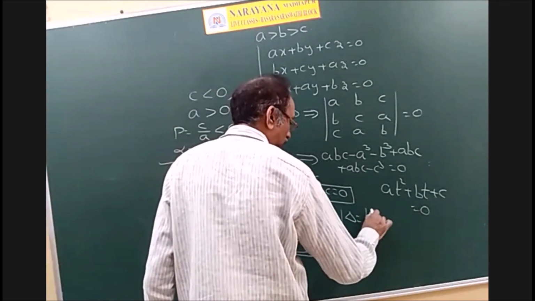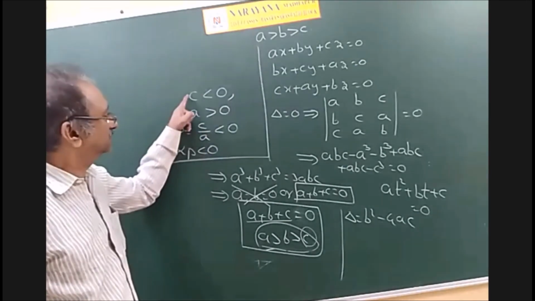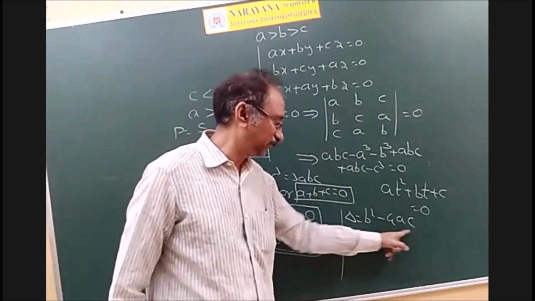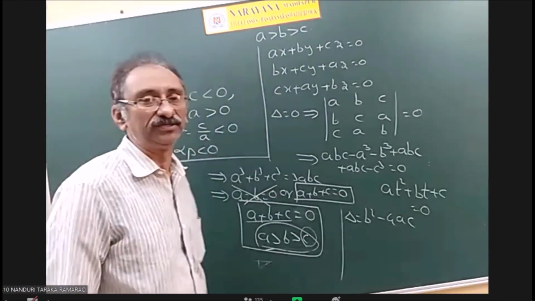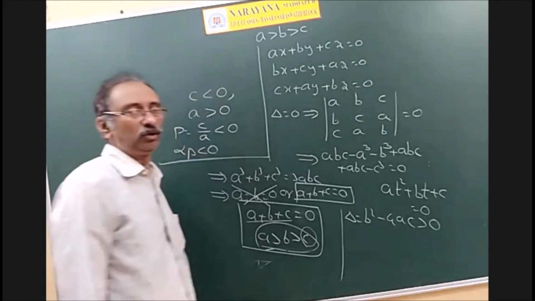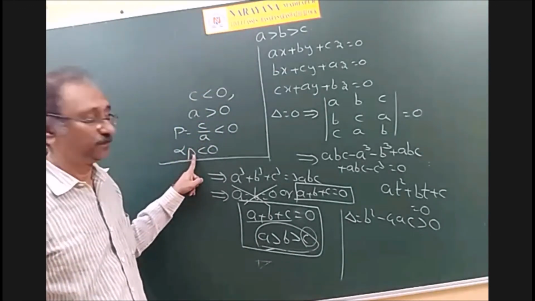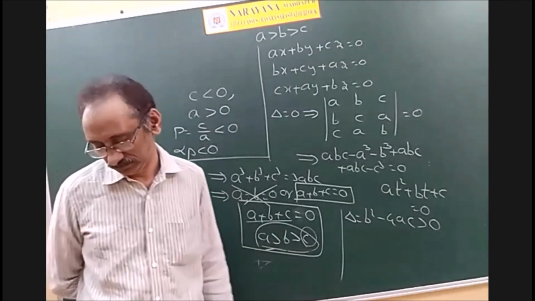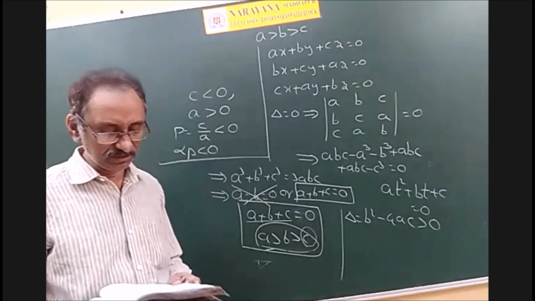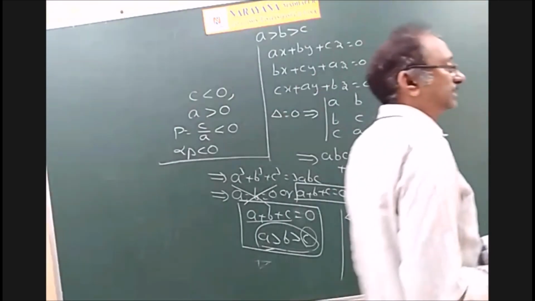Discriminant is equal to b square minus 4ac. Already a is positive, c is negative, which means ac is negative. So minus 4ac is positive. Positive plus positive, definitely positive. Therefore, the roots are real. Not only that, one must be positive, one must be negative. So this is a multiple correct answer type. The first option, real, is correct, and the second option, of opposite sign, is also correct.